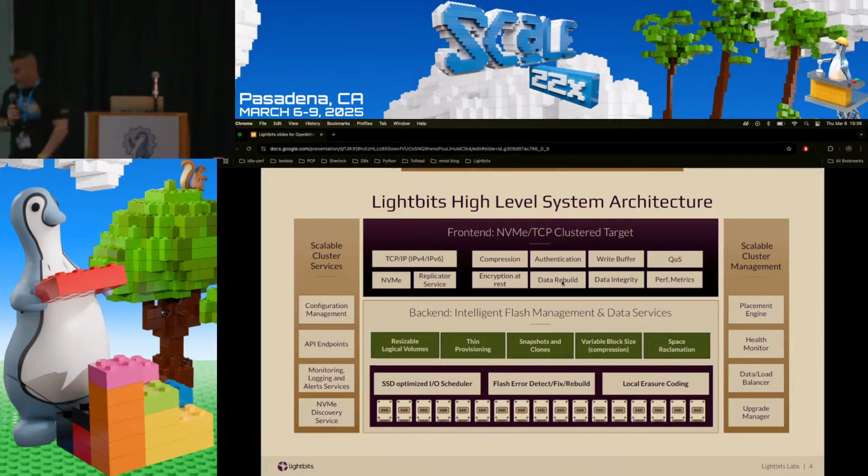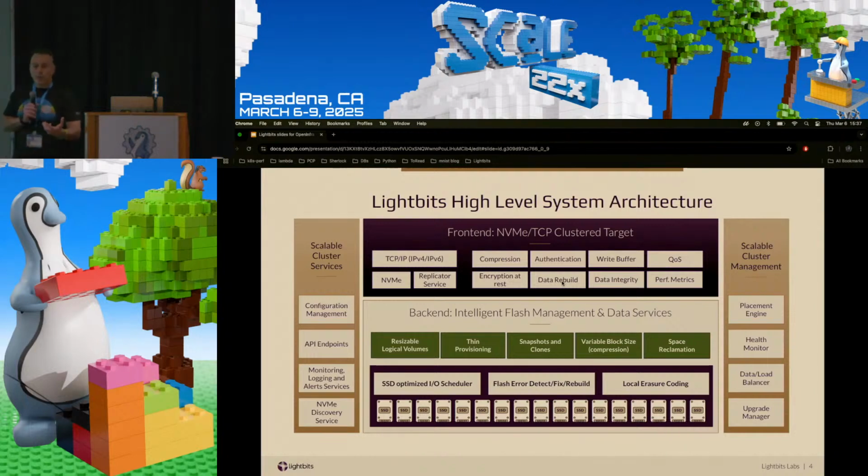That's a very detailed explanation of what actually runs on the target. In very short, our backend processes are the ones that are doing the flash translation layer. We're also doing local erasure coding at the target level, so you are protected from a failure of an SSD. And the encryption that we're doing is also done at that portion.